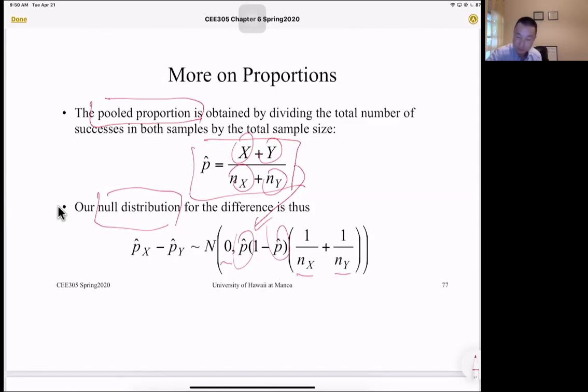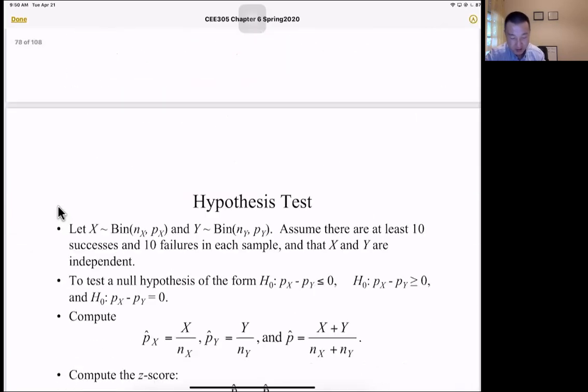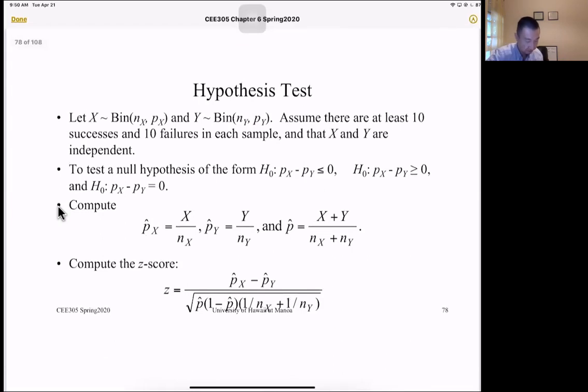All right. Let's look at the setup. If x follows binomial nx, px and y follows binomial ny, py, and we have at least 10 successes and 10 failures, this is a condition. Another condition is that these must be independent.